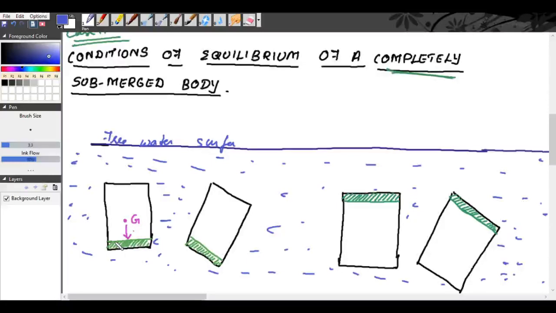You can assume that this object is filled with some material in the bottom portion, so that the bottom portion is heavy and the top portion is lighter.